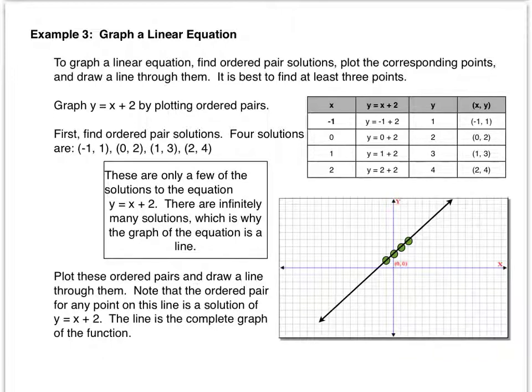If you check over on the graph, I have plotted those pairs and I've drawn a line through the points. Now notice that these are only a few of the solutions to the equation y equals x plus 2. There are infinitely many solutions, which is why the graph of the equation is a line. Remember that a line keeps going on and on forever, so every point on that line is going to be a solution.